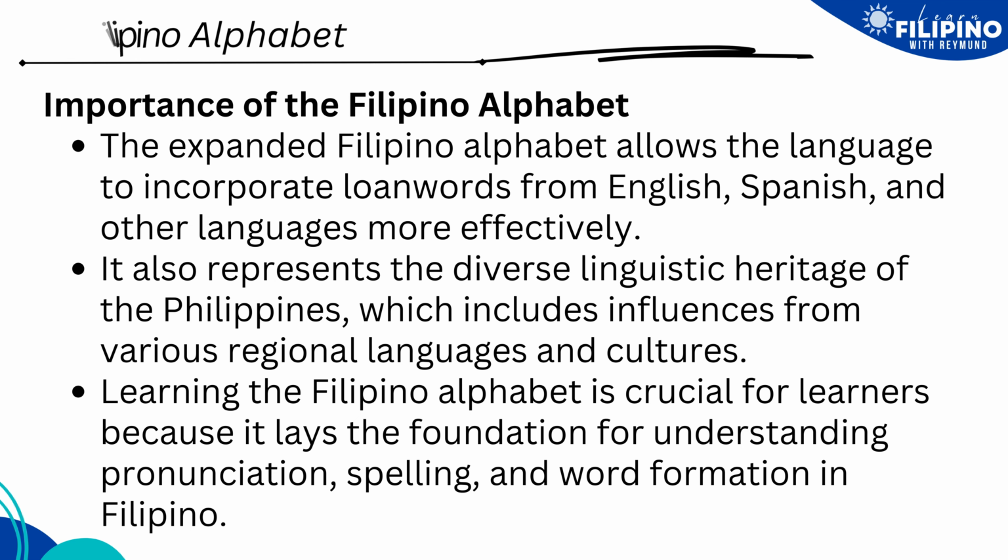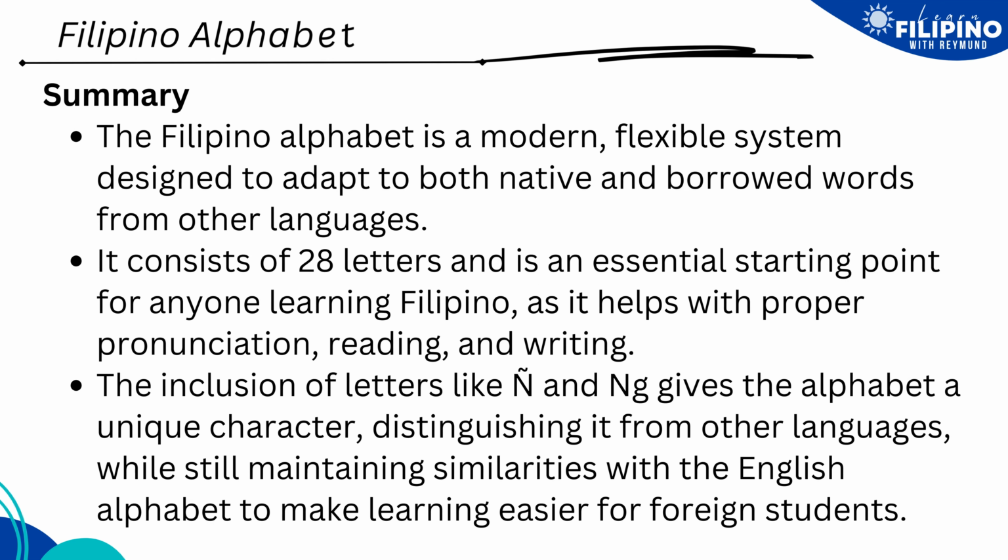In summary, the Filipino alphabet is a modern, flexible system designed to adapt to both native and borrowed words from other languages. It consists of 28 letters and is an essential starting point for anyone learning Filipino, as it helps with proper pronunciation, reading, and writing.